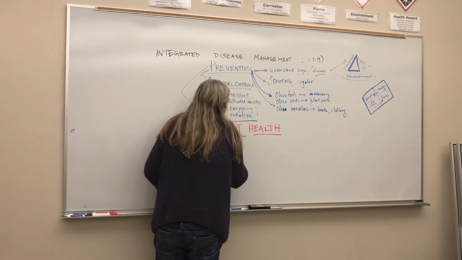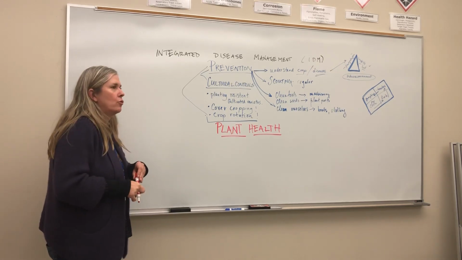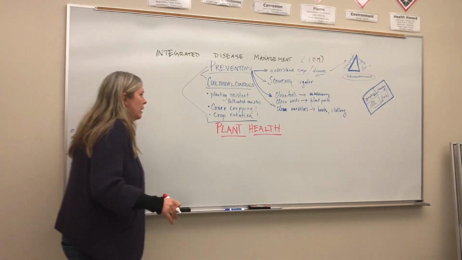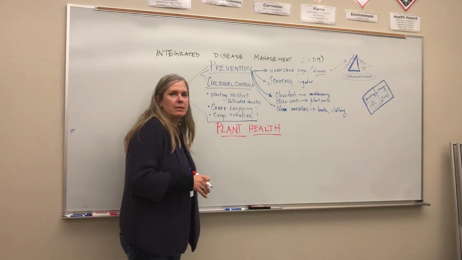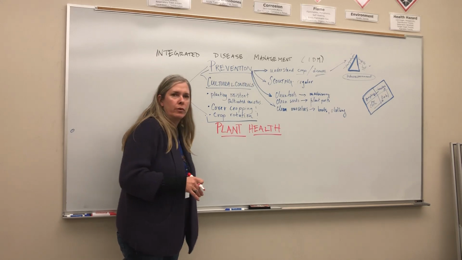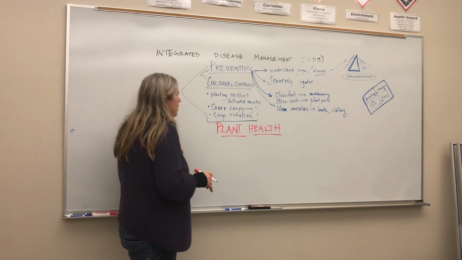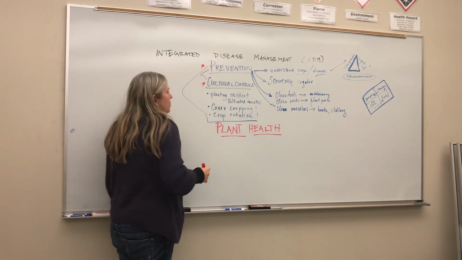Plant health. So this is so big, and it's getting bigger, and it actually makes the most sense, and yet it seems to be very much overlooked. Plant health is huge in prevention, and I would consider it a cultural control.